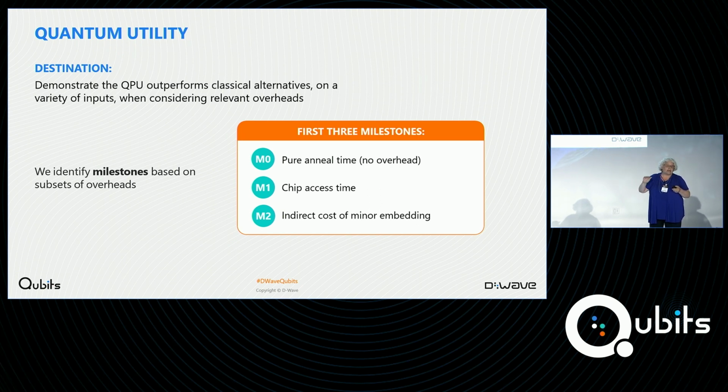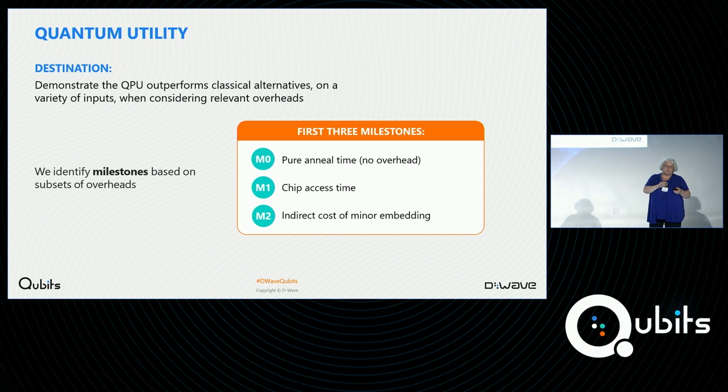We're not so much looking at how much time it takes to reach an optimal solution as we are giving all the solvers a fixed runtime and asking what's the best solution you can come up with in that runtime. So a different approach and a different type of measurement. So there's pure anneal time: can the quantum solver return solutions faster and better than classical alternatives?